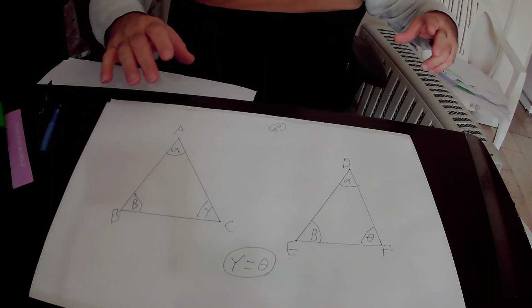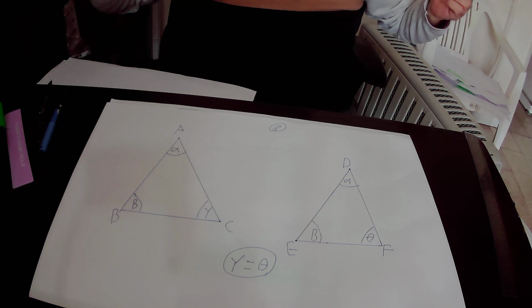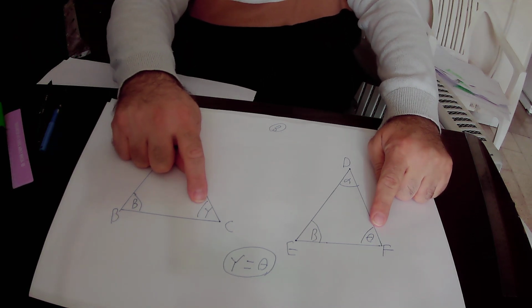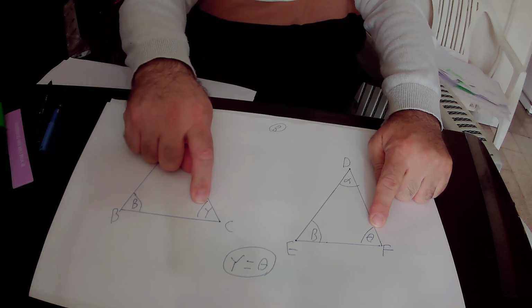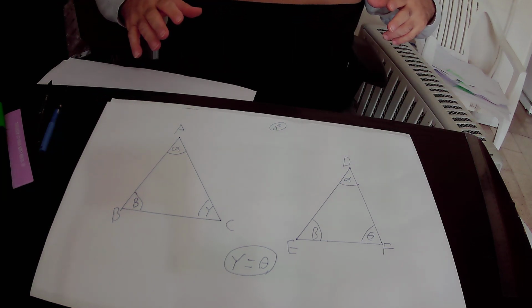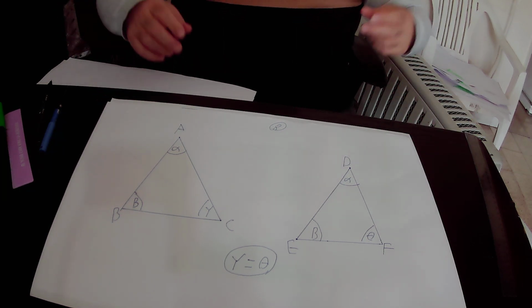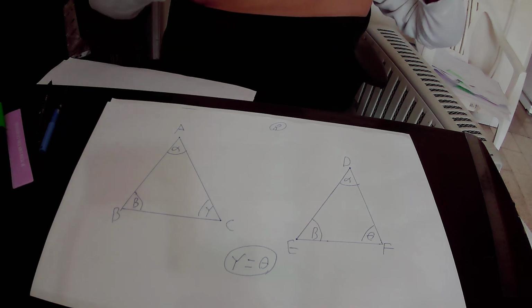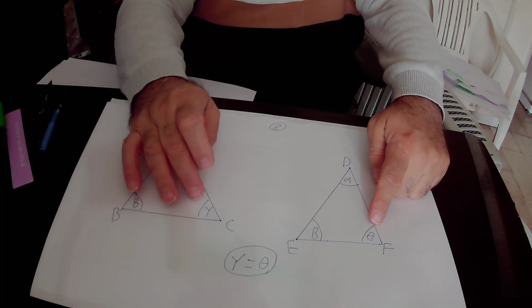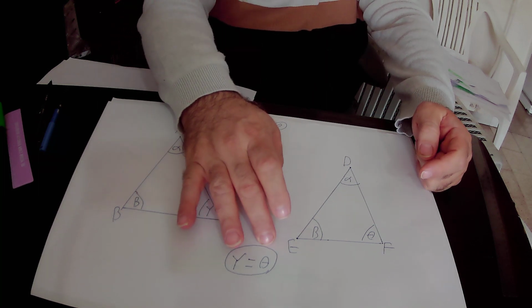So if this is the situation, then according to the third angle theorem, the third pair of angles must also be congruent. That is to say, angle gamma must be equal to angle theta.